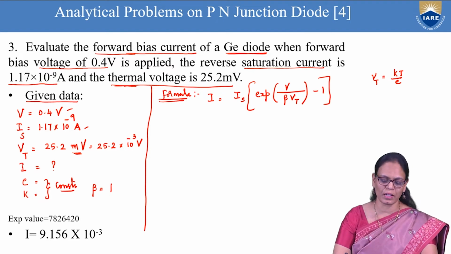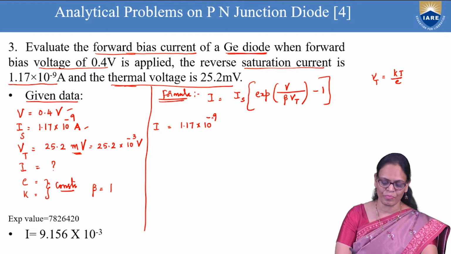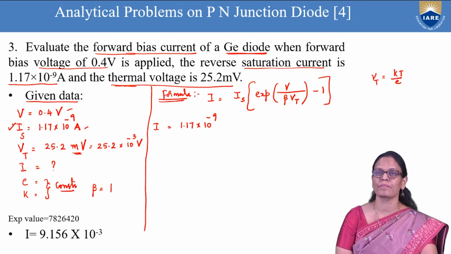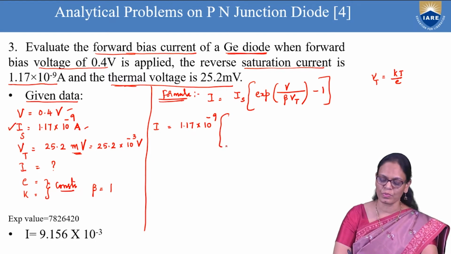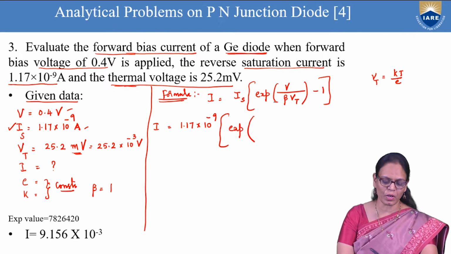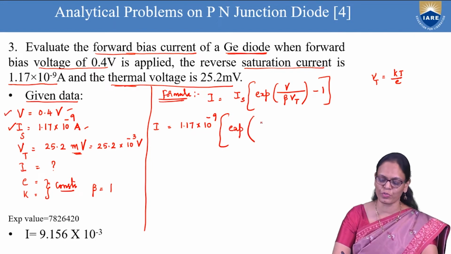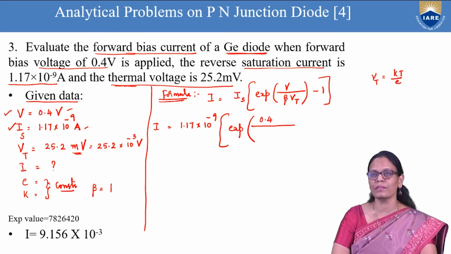So we consider beta to be equal to 1. So let us do the substitution. I will be equal to 1.17 into 10 power minus 9. This is the value of Is, into exponential. What is the voltage given? 0.4 volts. So 0.4 by beta, which is 1.